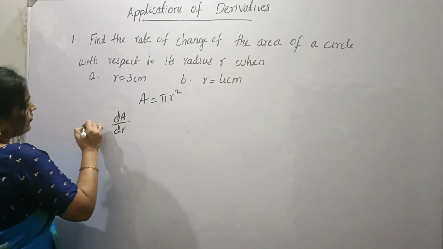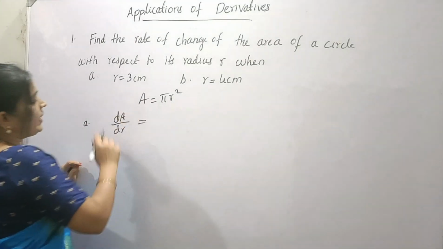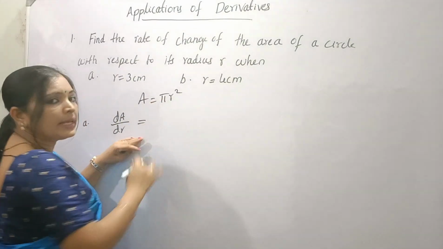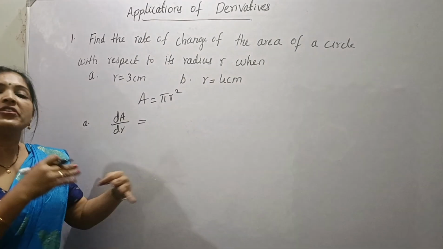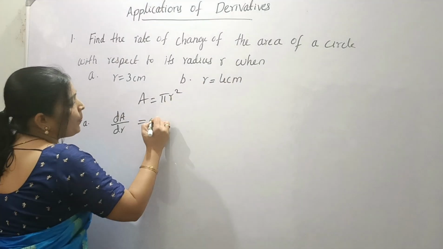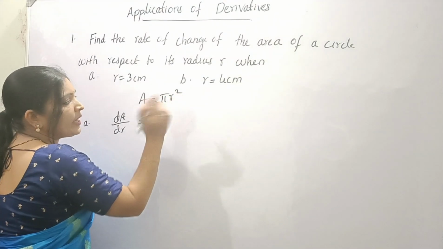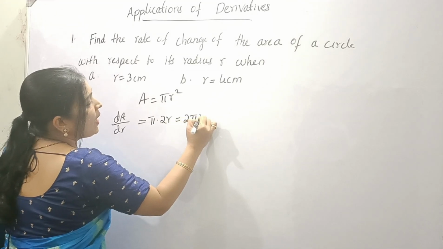First we will find it when r is equal to 3 centimeter. dA by dr is equal to, here the rate of change of area with respect to r, right? So differentiating with respect to r, not t, differentiating with respect to r. So pi into r square, the derivative with respect to r is 2r, that is 2 pi r.